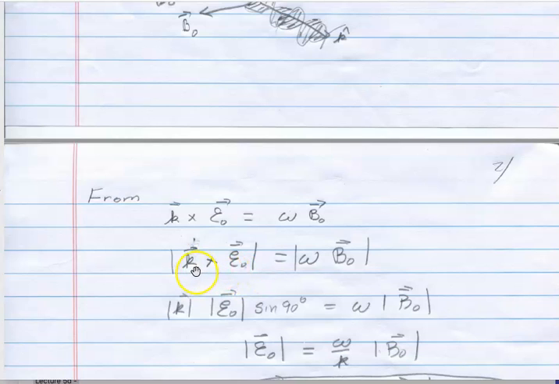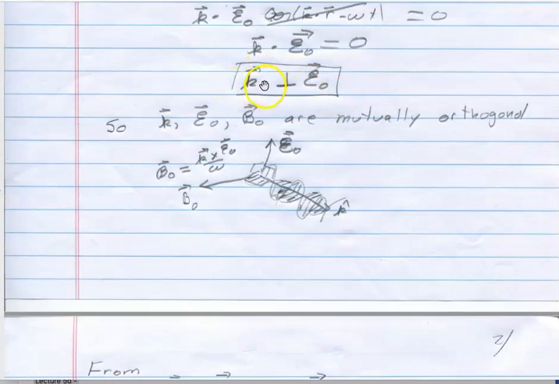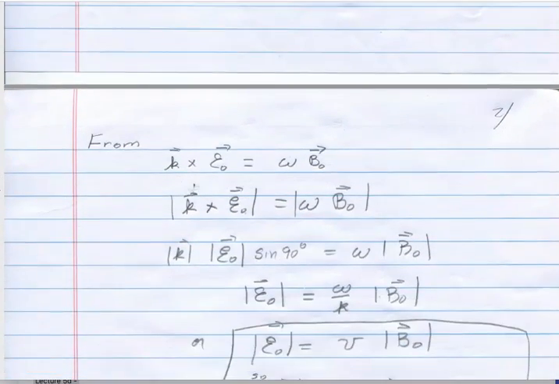And here I can use the fact that the magnitude of a cross product is the magnitude of the first vector times the magnitude of the second times the sine of the angle between the two. But as we've seen, they're perpendicular, so the angle between them is 90 degrees.